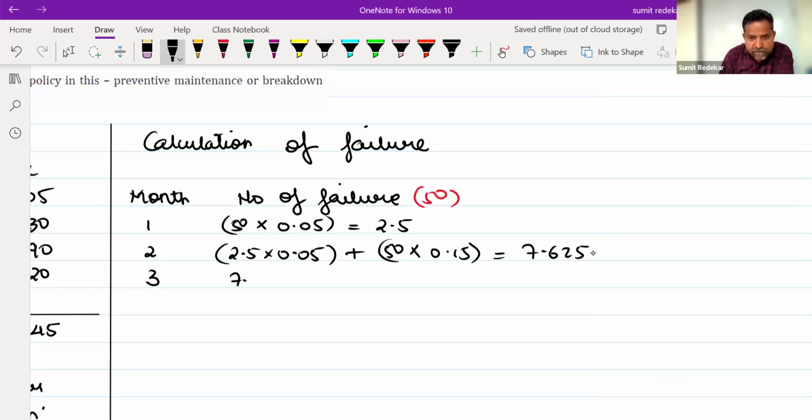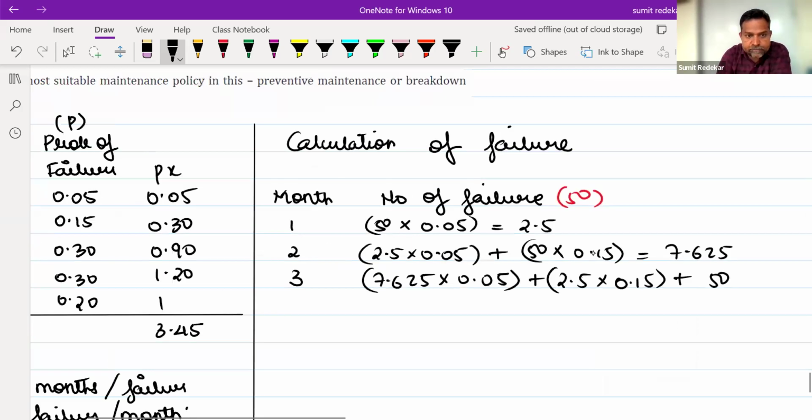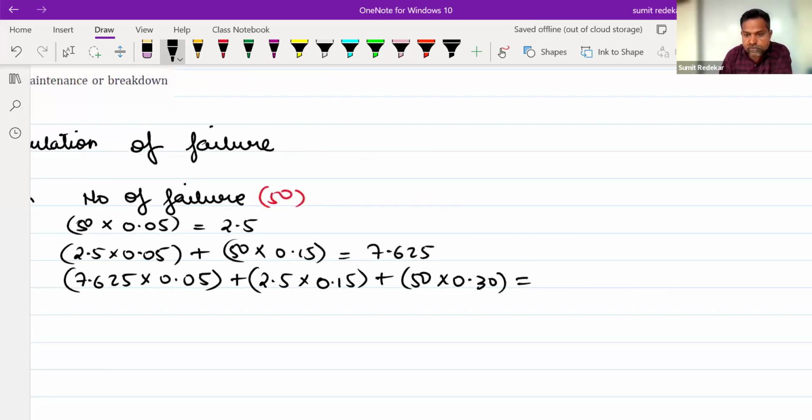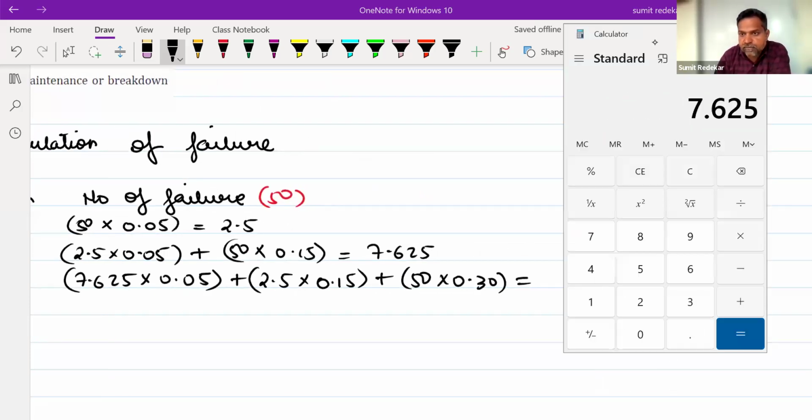In the third period, the 7.625 will break down with a probability of 0.05. The 2.5 will break down with a probability of 15%. Plus the 50 will break down with a probability of 30%. 7.625 into 0.05.